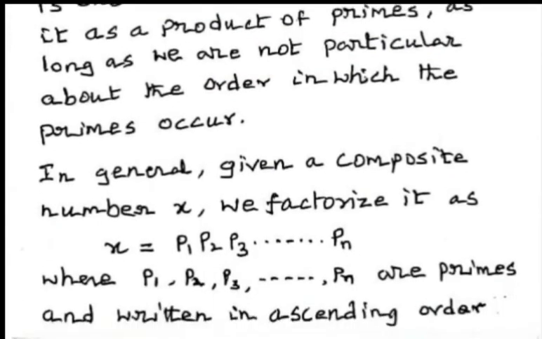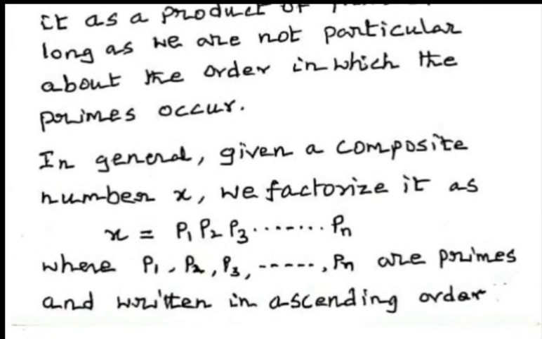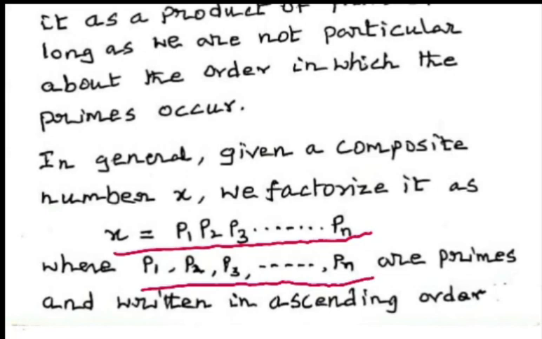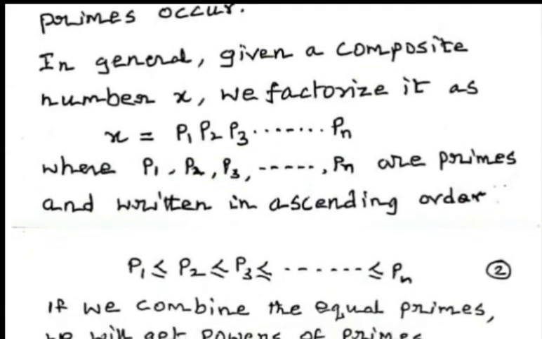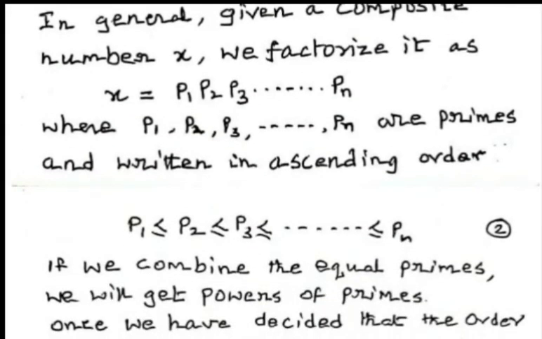In general, if x is a composite number and it is written as a product of prime numbers p1, p2, p3 and so on pn, where p1, p2, p3 and so on pn are prime numbers, and these prime numbers are written in the ascending order.